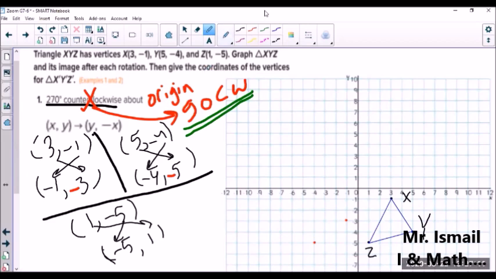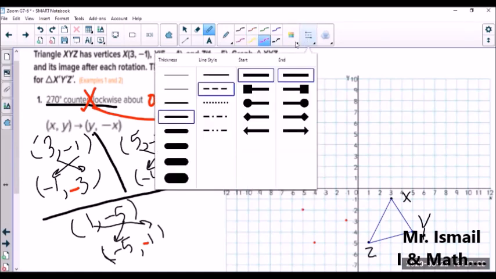And you have to multiply x by minus. Multiply x by minus. So it will be -5, -1. And now bring your ruler. Connect the points.